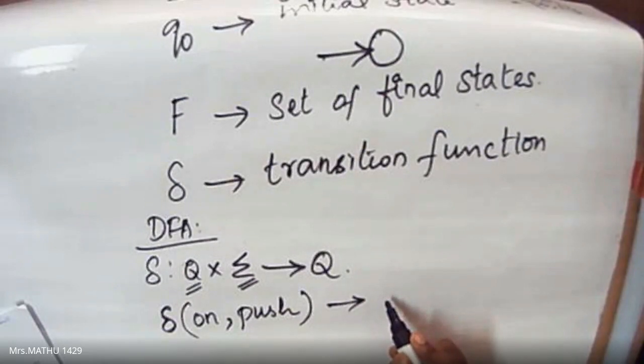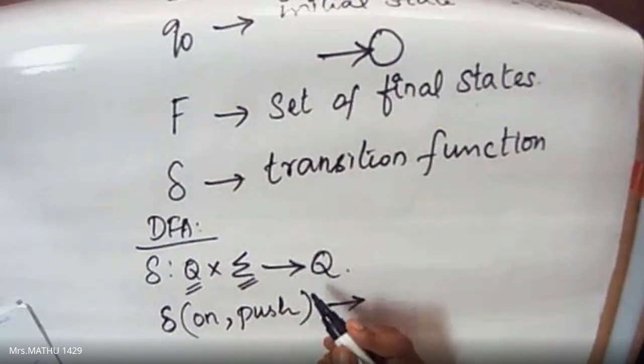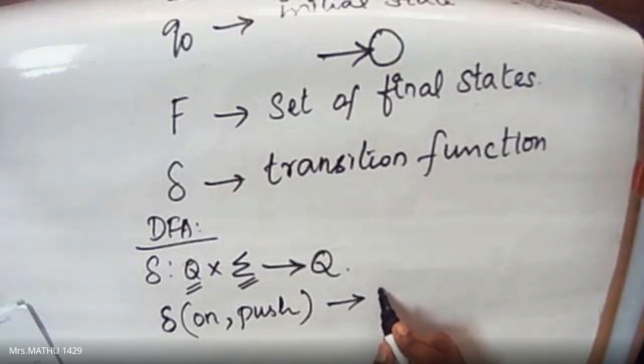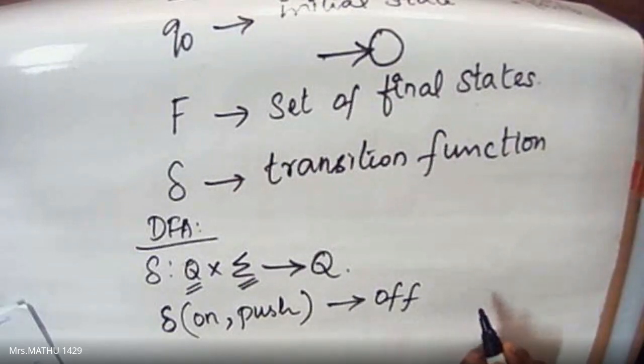Currently the state is on. When I give the input as push, to which state will it move? Yes, thank you, good, Christina. Any others? Others also can give the answers. Yes, it goes to the off state, right?